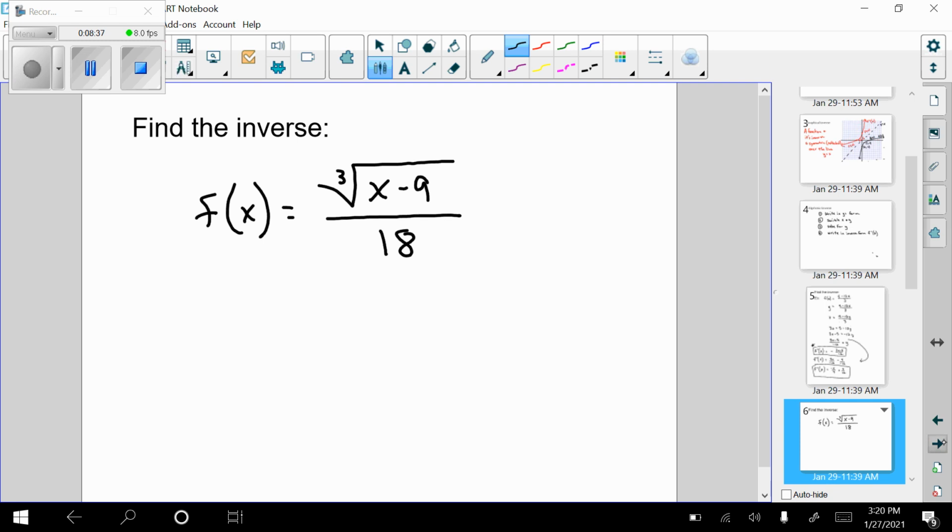Okay, so now we're going to do a little more complicated one, a cube root. So first thing we're going to do is write it as y equals. Make sure you keep that fraction bar nice and long. We're going to switch our x and y.